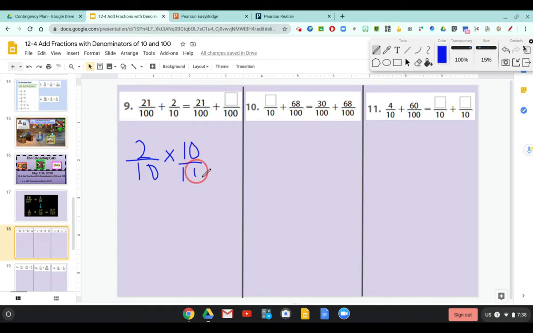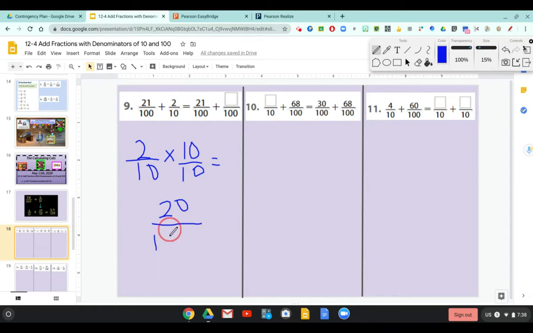So this equals, 2 times 10 is 20. And 10 times 10 is 100. Okay, so 2 tenths can be rewritten as 20 hundredths.